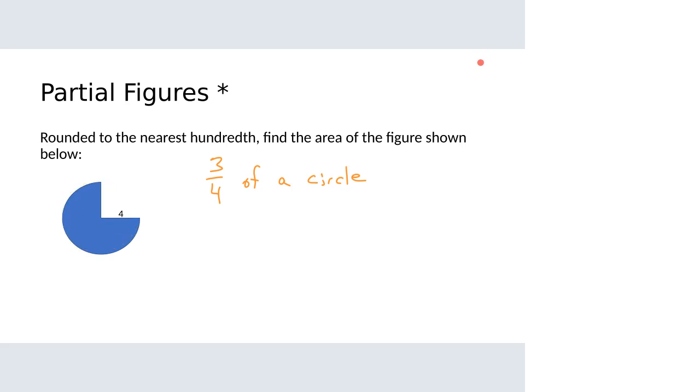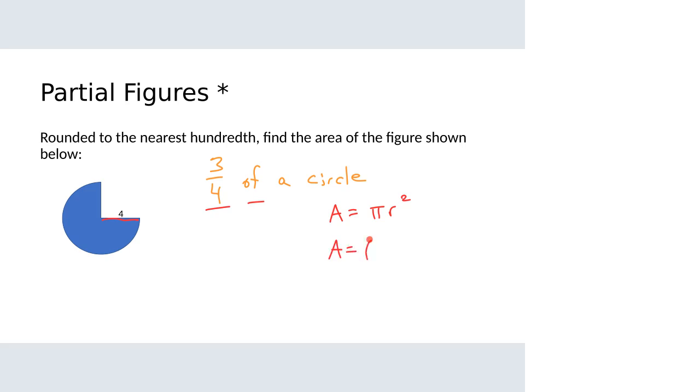And so what I want here is I'm going to pretend it's an entire circle, find the area, and then what I need is 3/4 of that. So let's pretend that it's an entire circle with a radius of 4. Our area is going to be pi r squared.